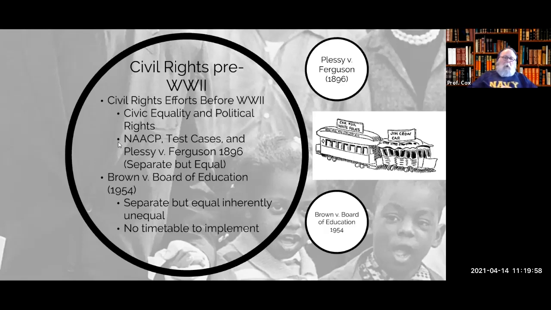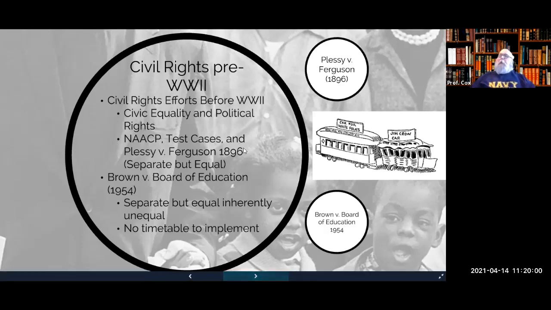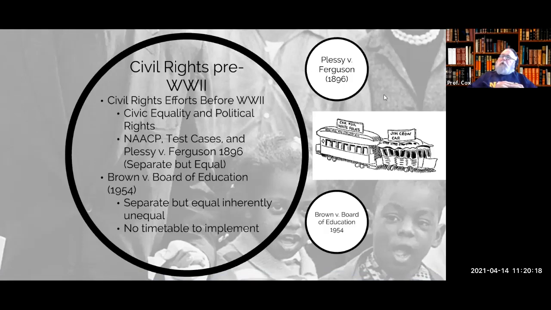Questions, comments? Okay, what happened was, in one case, there was a man in Louisiana. His name was Homer Plessy. He was a light-skinned mulatto, which meant that he could pass for white. And there was a law that restricted the rights of blacks by saying that blacks had to ride in different cars on the train from whites.